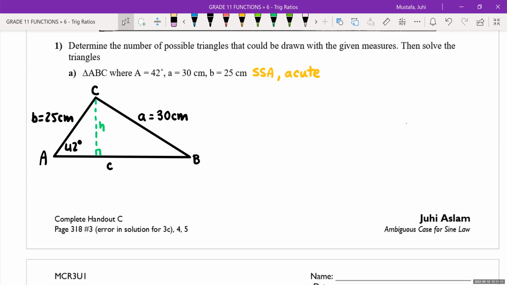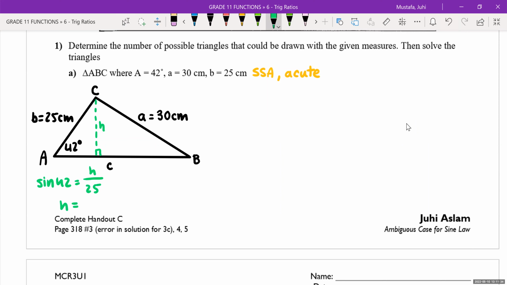To find H, it's just SOHCAHTOA. So you can memorize that it's B times sine 42, or you can actually do the work. So you can go sine of 42 is equal to opposite, which is H, divided by hypotenuse, which is 25.